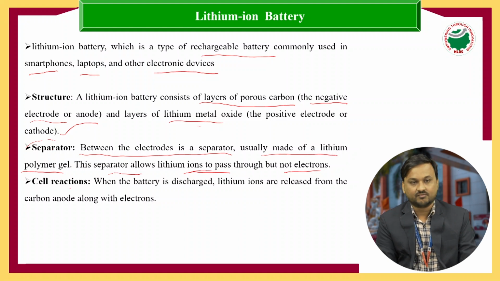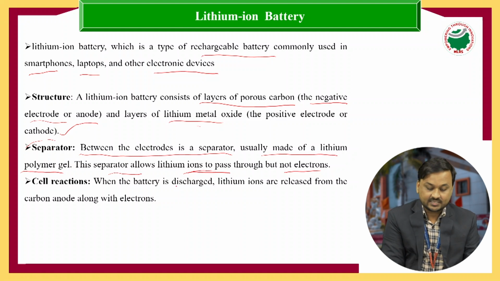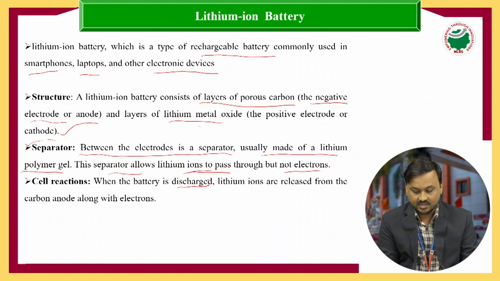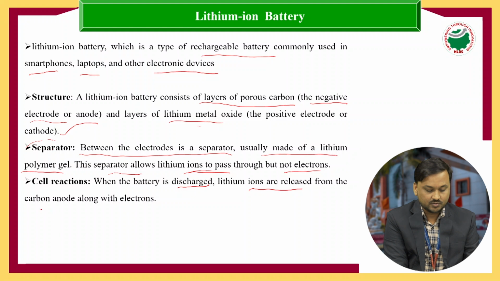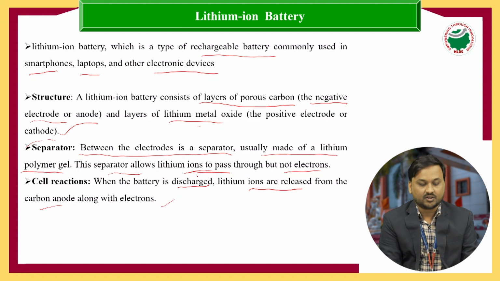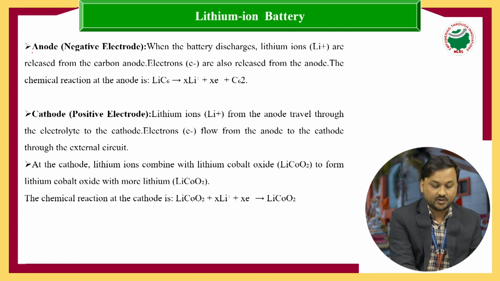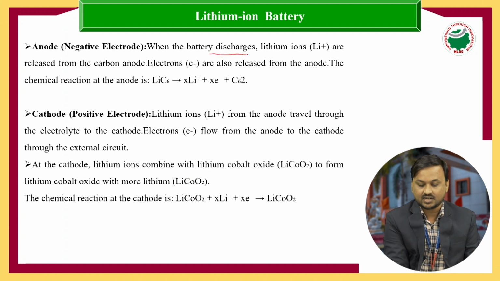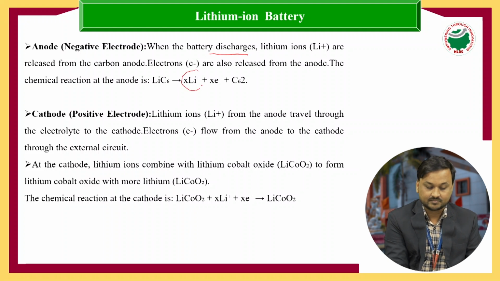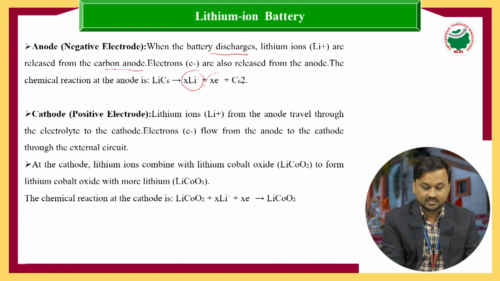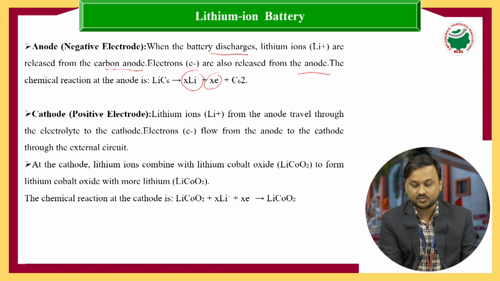Now the cell reaction. What happens when the battery is discharged? When the battery is discharged, the ions are released from the anode to the cathode along with the electrons. At the anode, the lithium ions are released from the carbon anode, and the electrons are also released from the anode side.